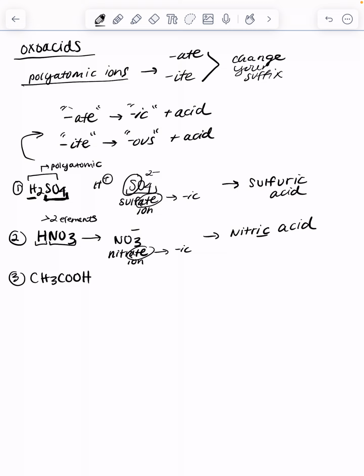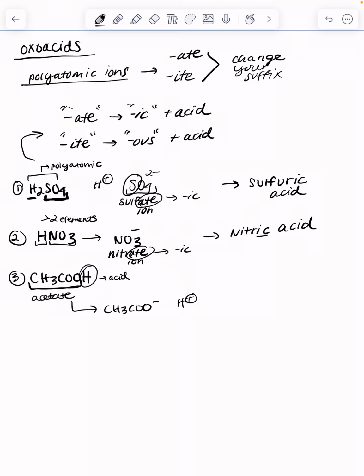Pretty cool. So coming on to the next one, this one looks a little weird, but we can still pick it apart. This is a very long polyatomic that I hope you recognize as acetate. This is acetate, and it has an extra hydrogen added on the end. This is what makes it an acid, because we put a hydrogen on it. So if I pull out acetate, it looks like this, CH3COO- and then H+.